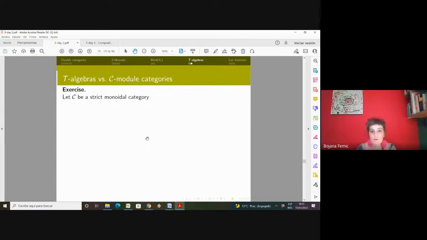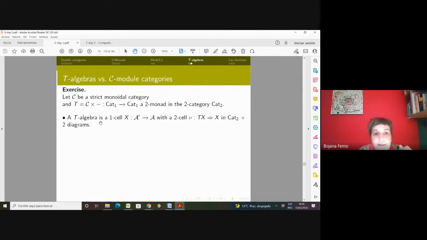Now we will do a similar exercise as before, and we will relate T-algebras on two monads versus C module categories. So this is a topic that I guess Martin will speak about in his course. So again, let C be a strict monoidal category, and let T be again this functor, this actually two monad in the two category of categories, which is multiplying with C. Then a T-algebra is given by X, nu with two axioms.